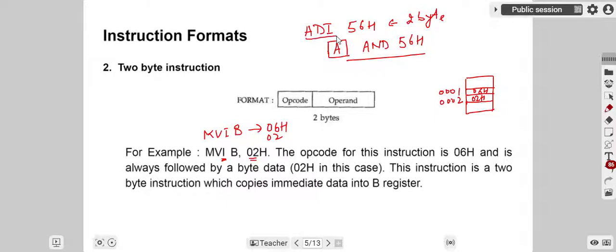This ADI has some opcode, and you do not need to remember that opcode. You can study these opcodes from the datasheet of 8085. Secondly, we require to store this 56H data also. So this instruction requires two memory locations to store. That's why these are called 2 byte instructions.